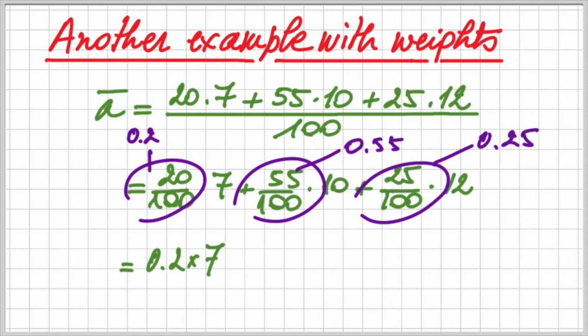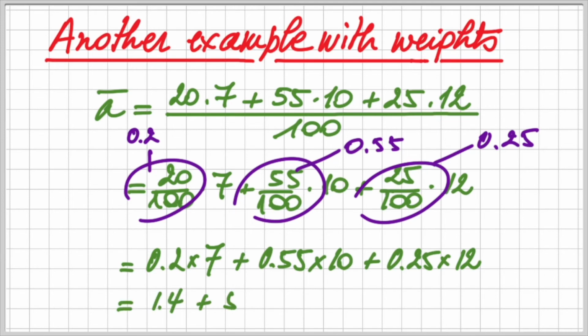And we can rewrite the equation now in a different format, which is equal to 0.2 times 7 plus 0.55 times 10 plus 0.25 times 12, which gives us 1.4 plus 5.5 plus 3, which gives a total average of 9.9. So basically, this was my video about averages and weighted averages.